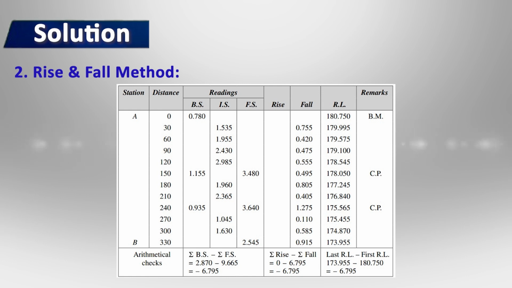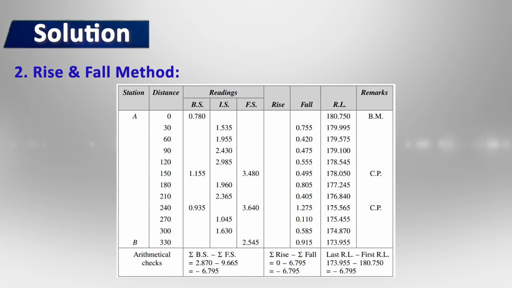So, we can easily calculate the reduced level as the reduced level of the previous point, that is station A, 180.750, minus the fall, that is 0.755, which will result in 179.995 meters. Again, we will subtract 1.535 minus 1.955, which will result in a fall of 0.420.